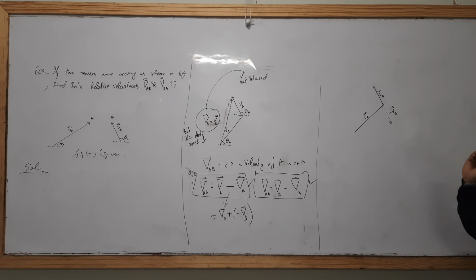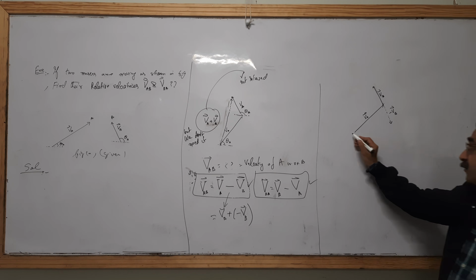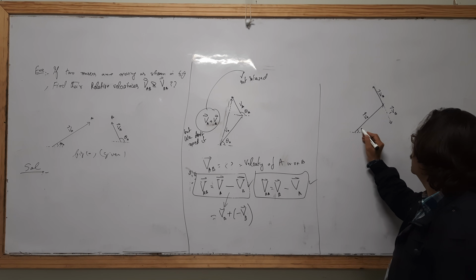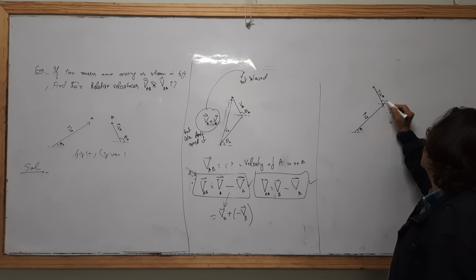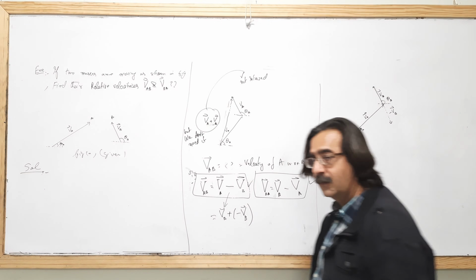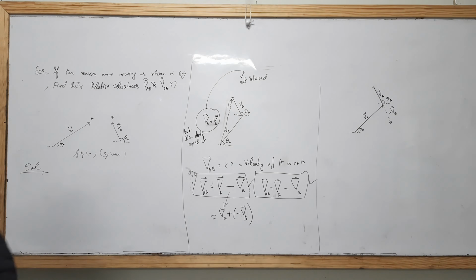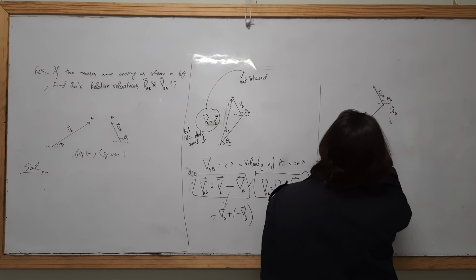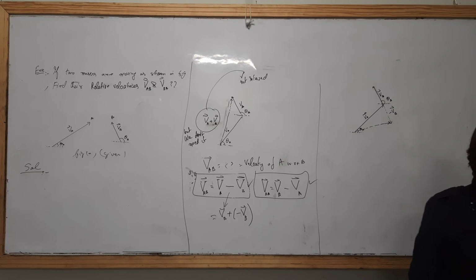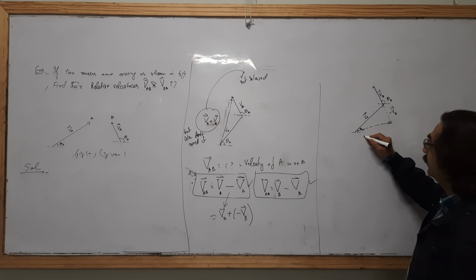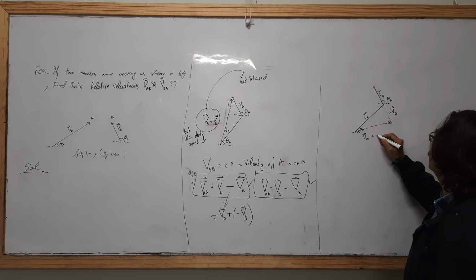This was making angle theta A, this was theta B. And this will be VAB, which is equal to VA minus VB.